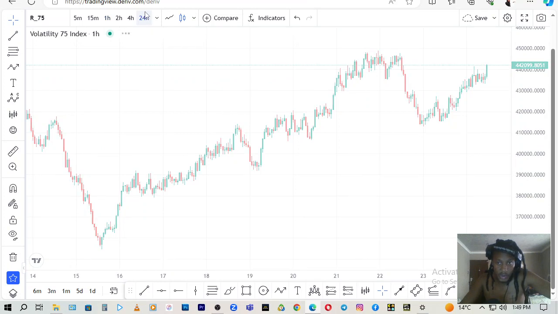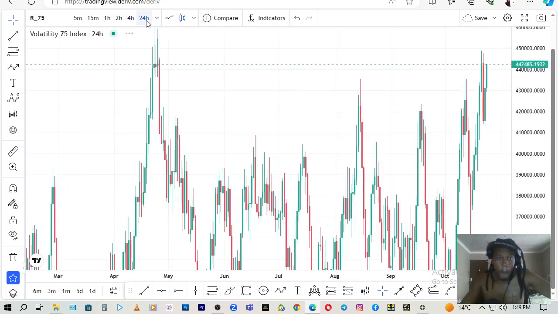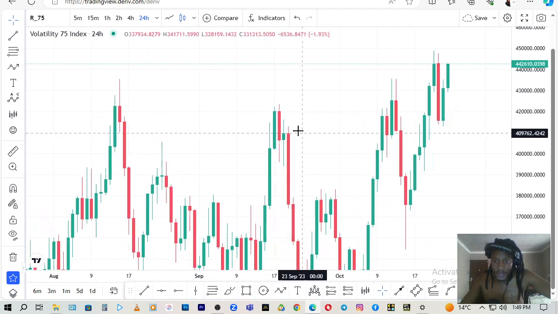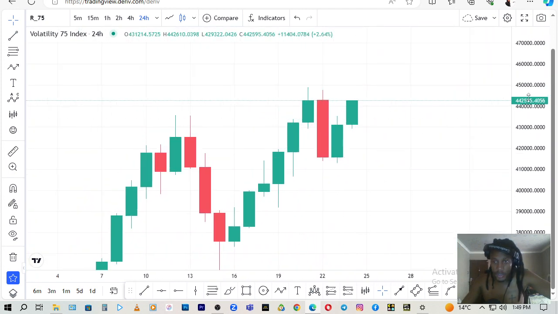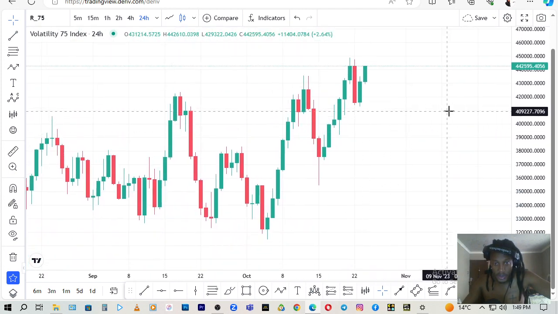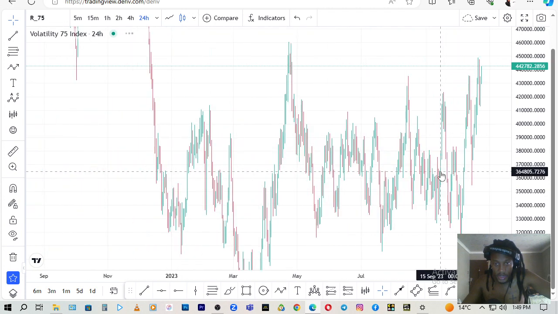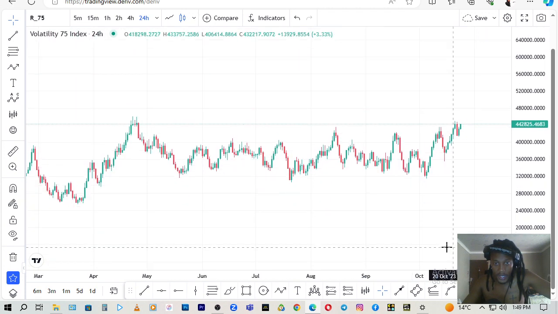Okay, let me just add on the daily. See the overall market structure and condition. It's failing to open the daily. Okay, here's the daily. Overall, it's looking nice on the daily. There's the current.